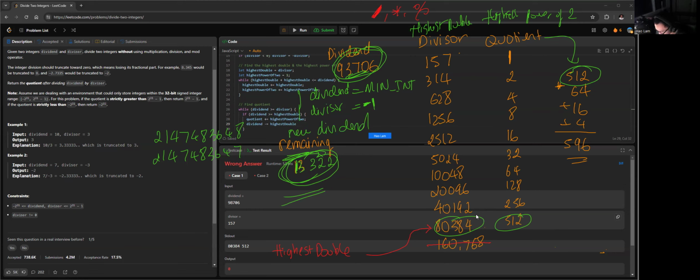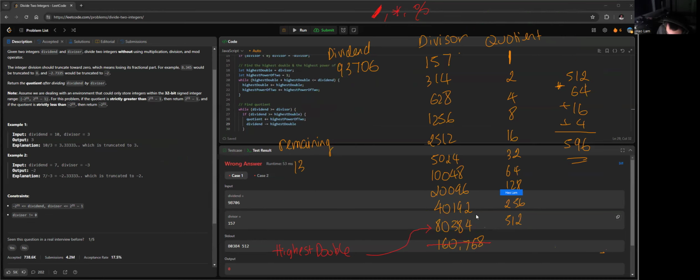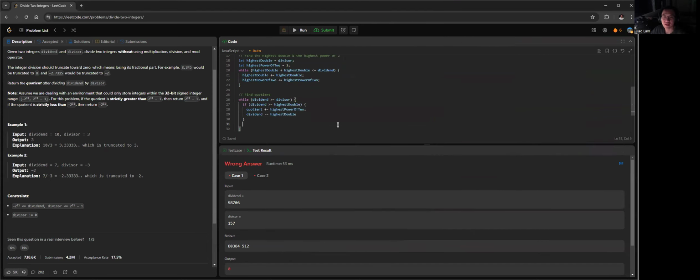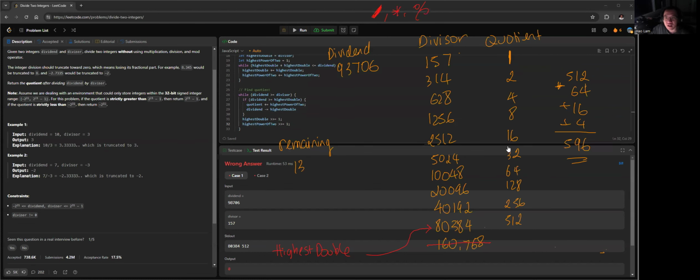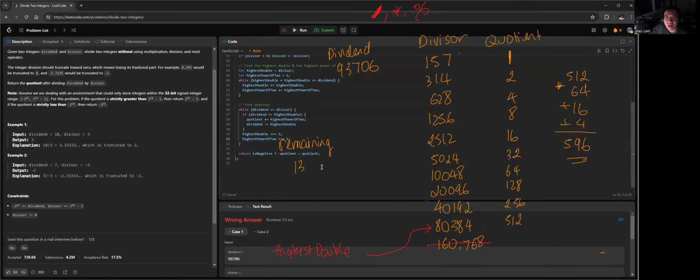And the only thing left to do now is divide this by half, by bit shifting. So we divide the highest double by half, and also the power of 2. Remember our new remaining is going to be 13,000.